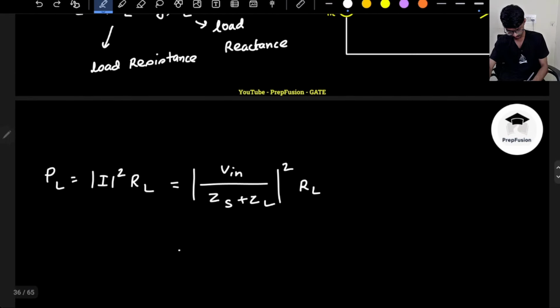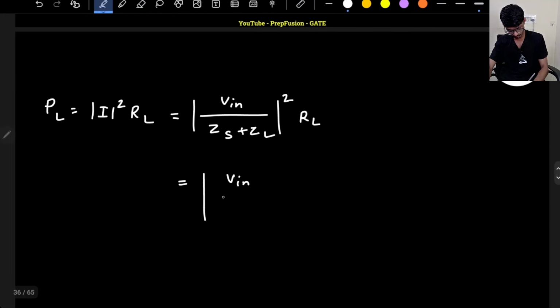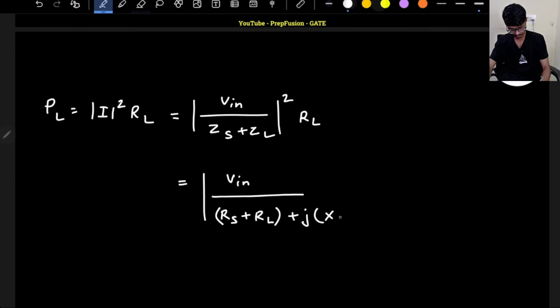So ultimately this will become the magnitude of V in divided by Rs plus RL plus j(Xs plus Xl).